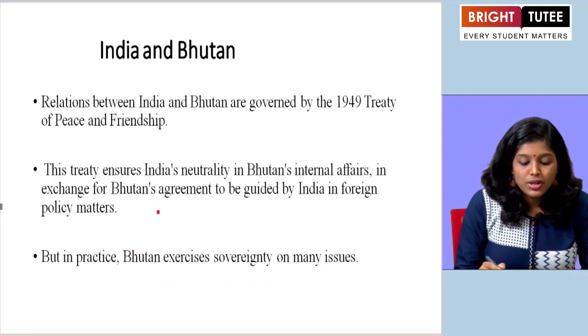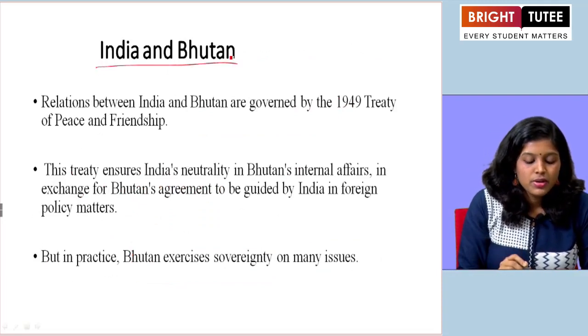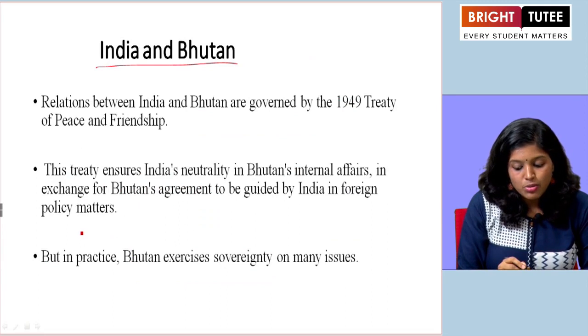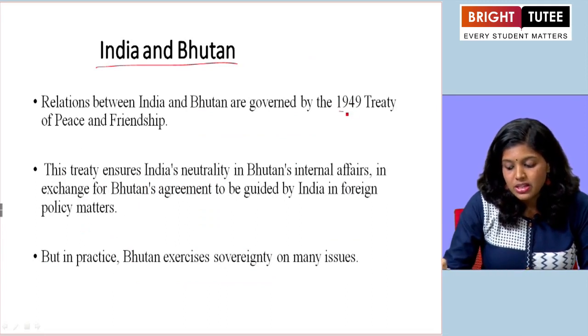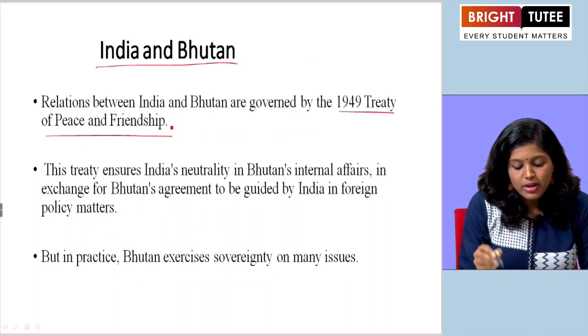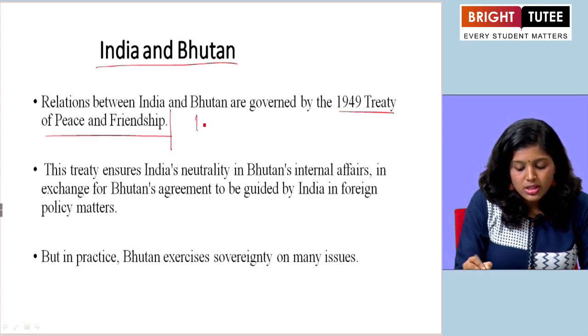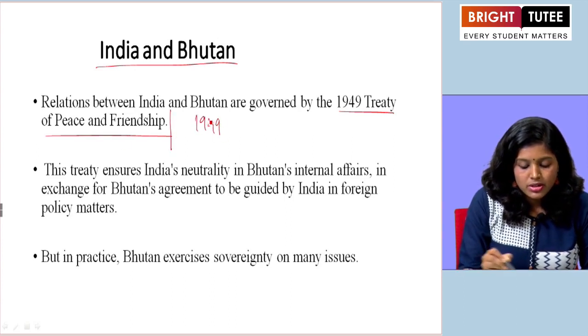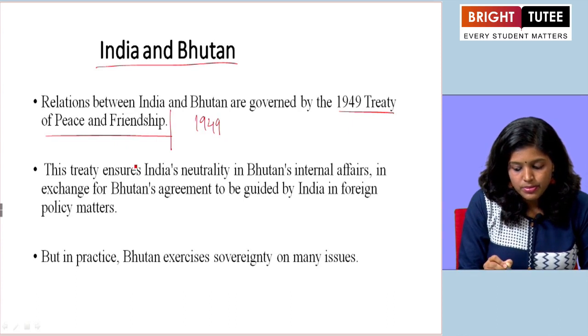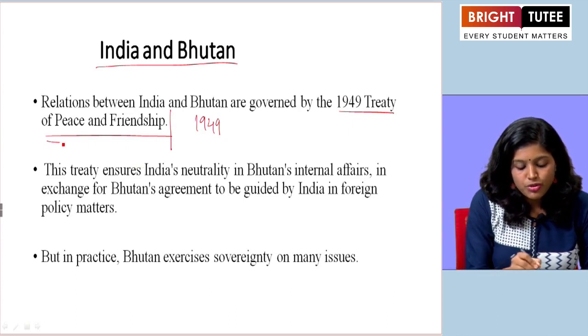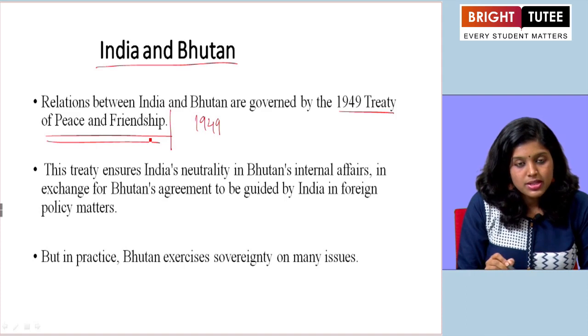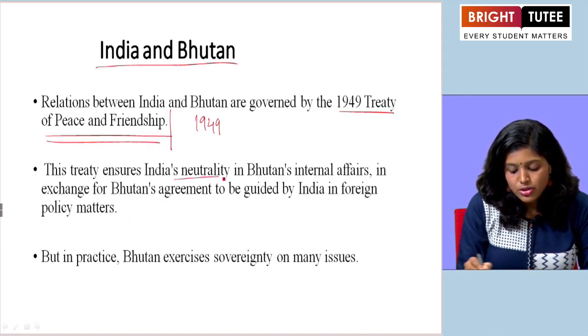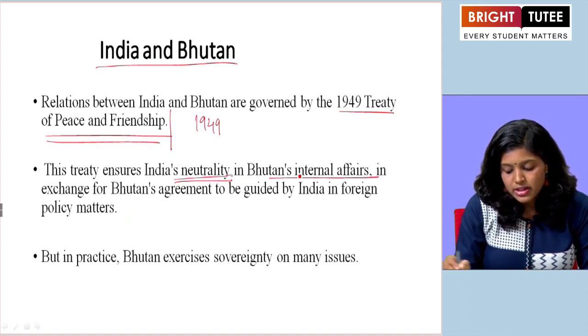Now, thirdly, we look at India and Bhutan. Relations between India and Bhutan are governed by the 1949 Treaty of Peace and Friendship. This treaty ensures India's neutrality in Bhutan's internal affairs.